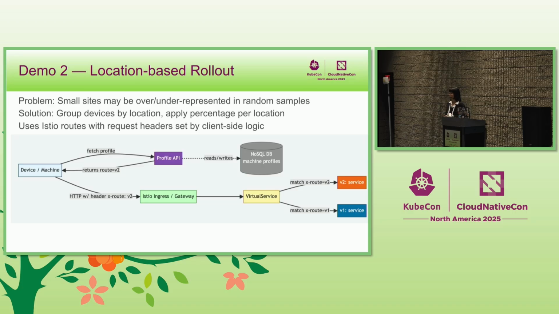scenario. The team I was working with before was responsible for those airport kiosks. For those kiosks, you can think about a big airport like ATL or DFW. They probably have over 50 kiosks.